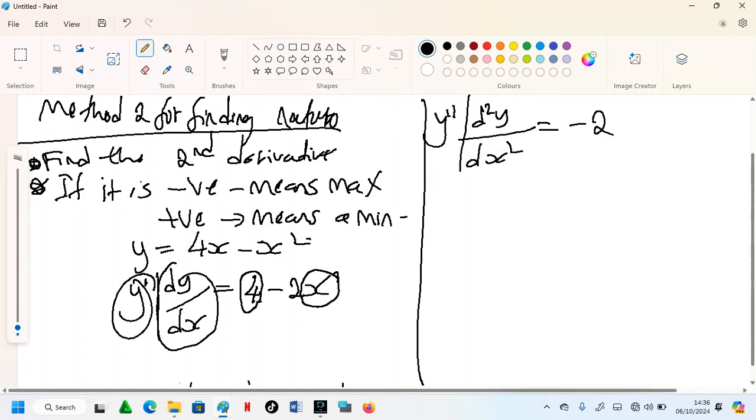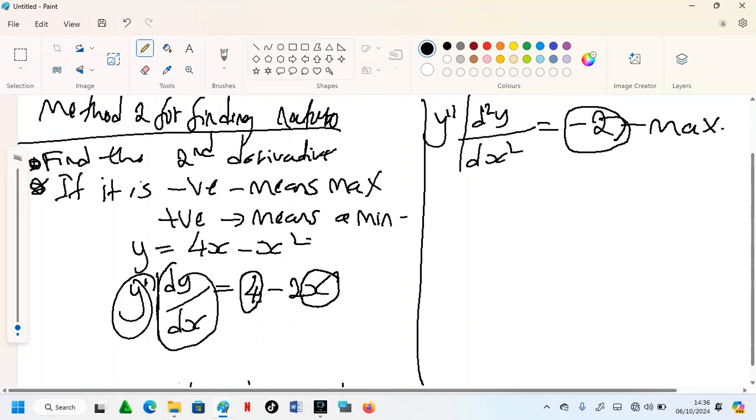So you'll have negative 2. And I insist, if you still do not know how to differentiate, go back to our previous video where we were handling how to differentiate, right? Now, because the second derivative is negative, then therefore it's a maximum, right?